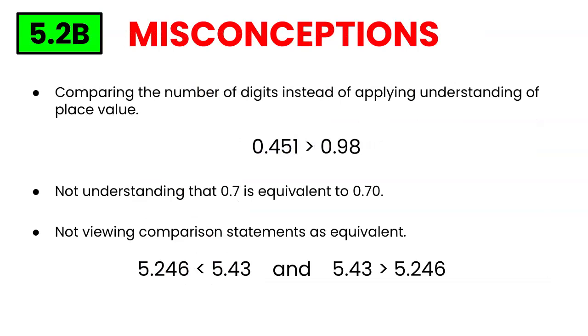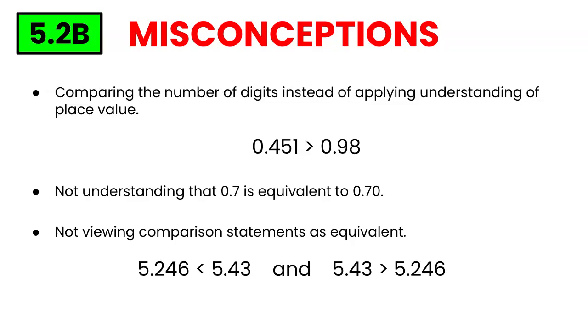So before we wrap up talking about this TEK, I wanted to go over some of the misconceptions that you might see in your students so that you can try and make sure that they're able to avoid those. The first is comparing the number of digits in a number after the decimal place instead of applying understanding of place value. And so they might see this as 451 is greater than 98, but we know that we're not really comparing 451 to 98.